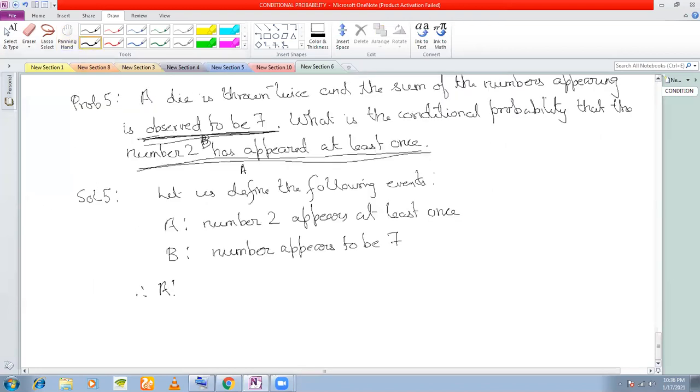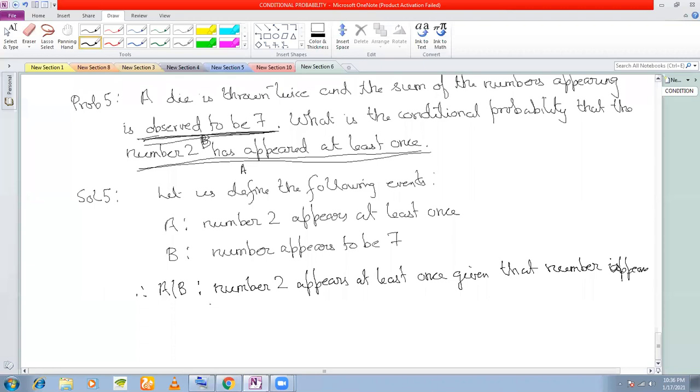Therefore, A slash B is the event that number 2 appears at least once, given that the number observed is 7. So we have to find P(A|B). Now just check: read the question once again and check the events.